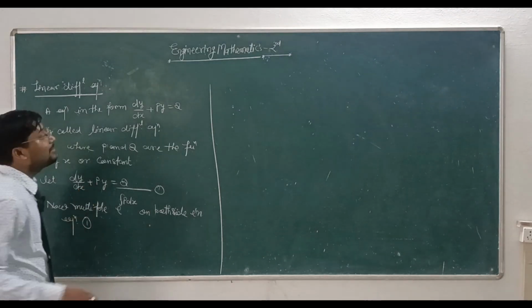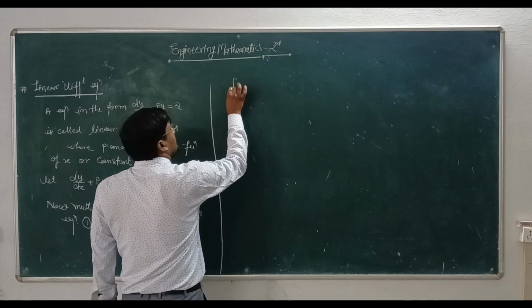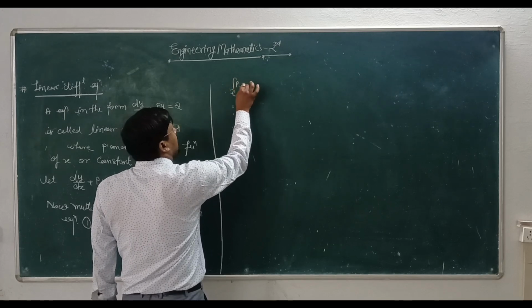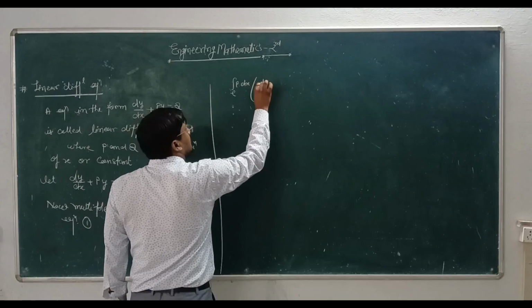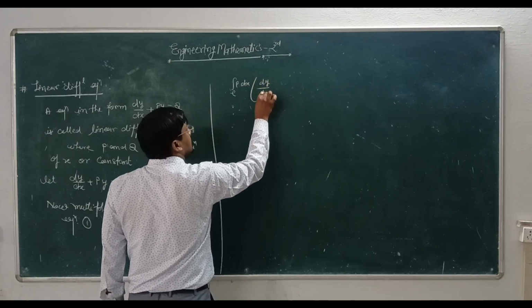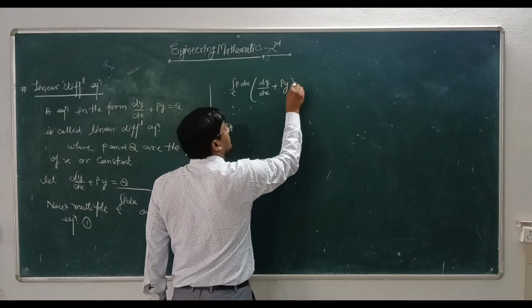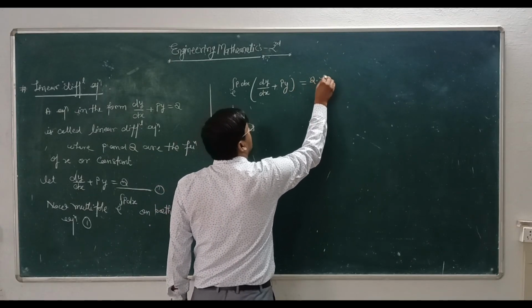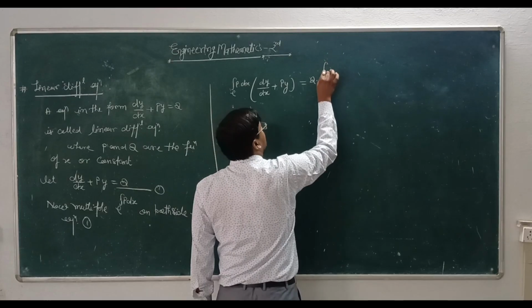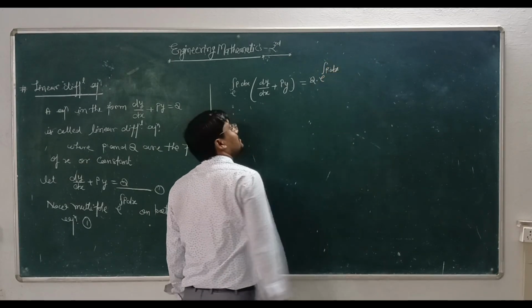Now you can write, integration e to the power P dx bracket dy/dx plus Py is equal to Q into e to the power integral P dx.